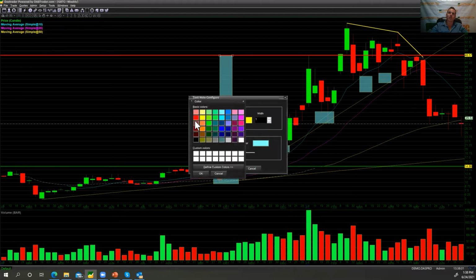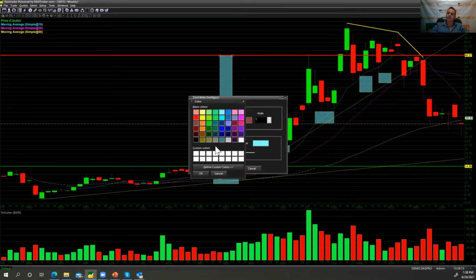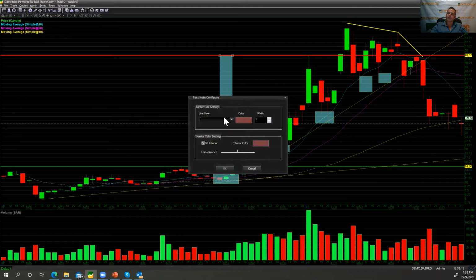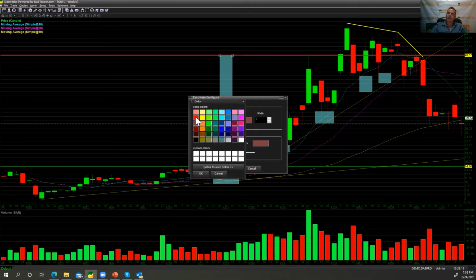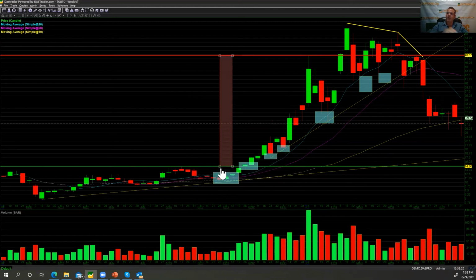Now remember, in core trading, you're going for the big move, right? If you're going for a big move, there you go. That's the big move. I should make this green because that's your profit.